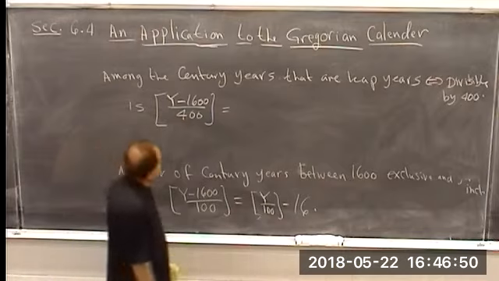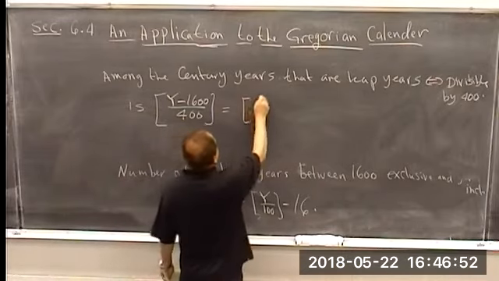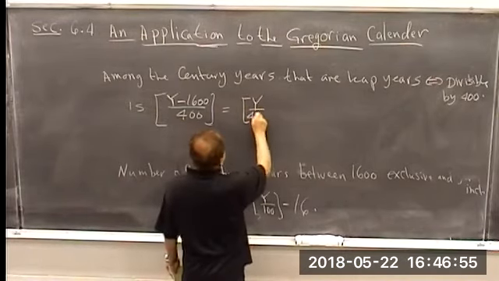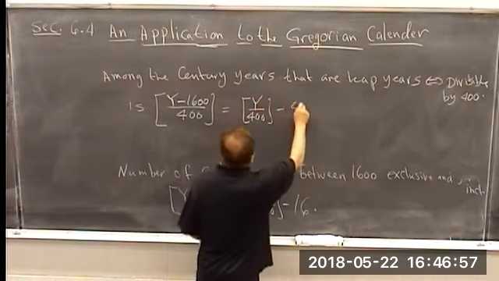And when I simplify this again, I get y over 400 minus 4.